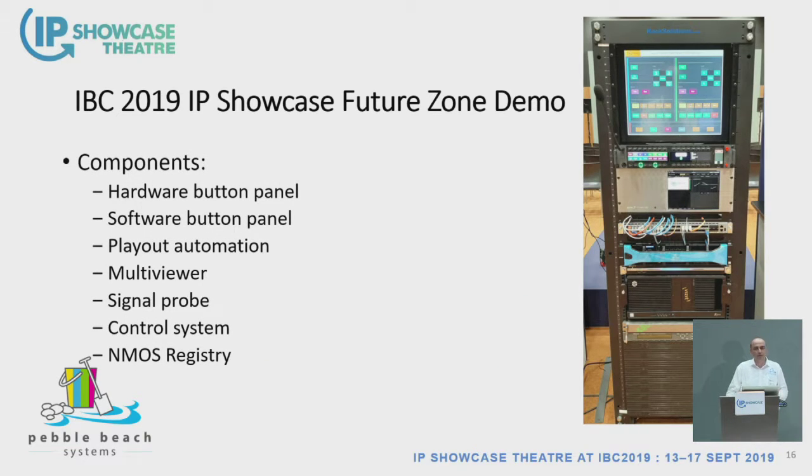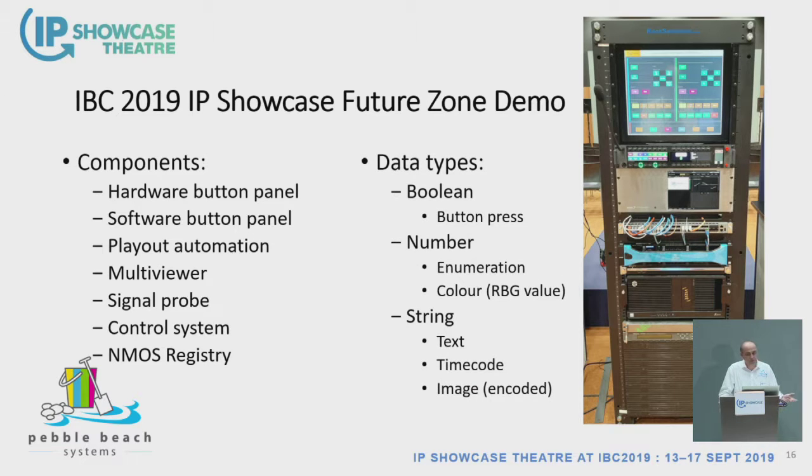As I mentioned before, we have a very nice demo on the other end of the room, which consists of a hardware button panel, a software button panel, playout automation, a multiviewer, a signal probe, control system, and an NMOS registry.